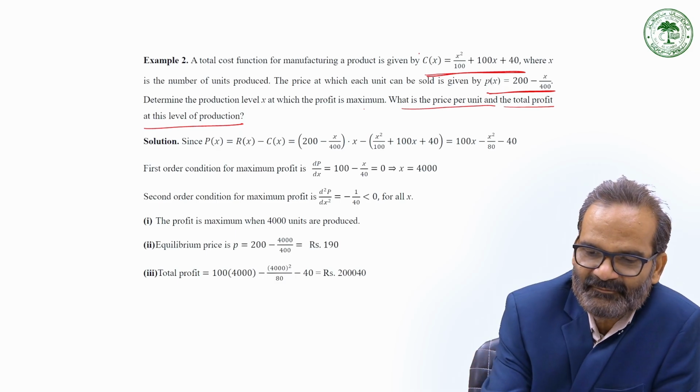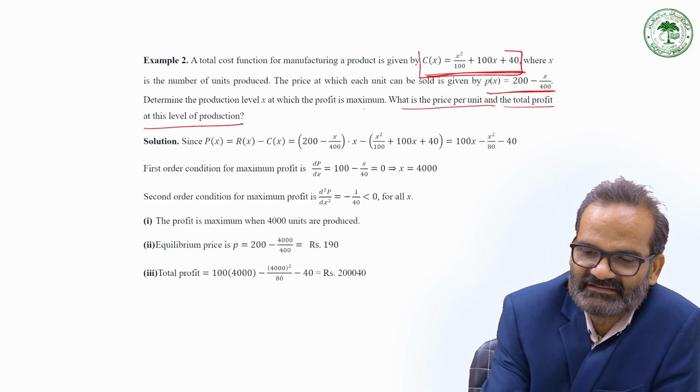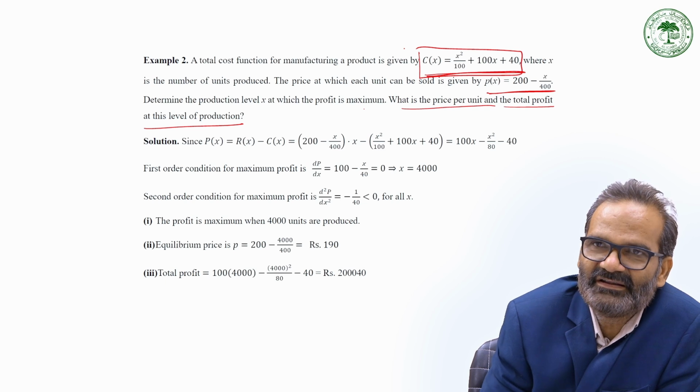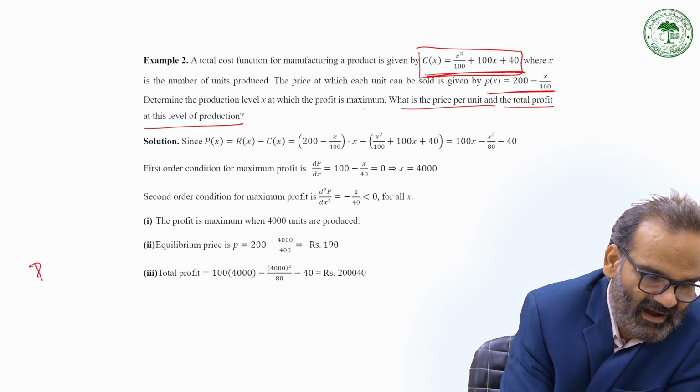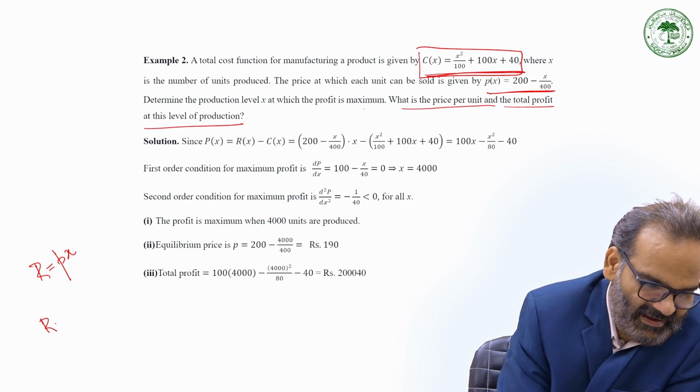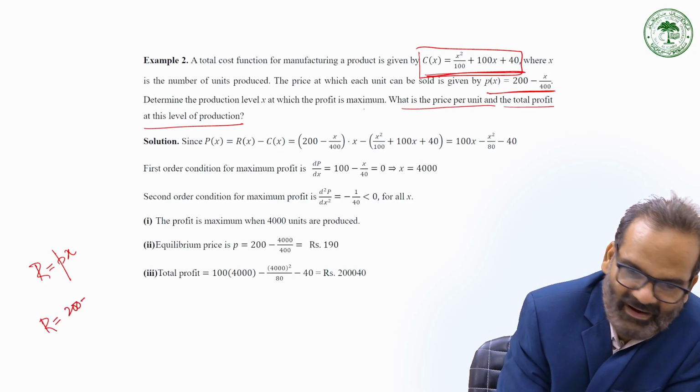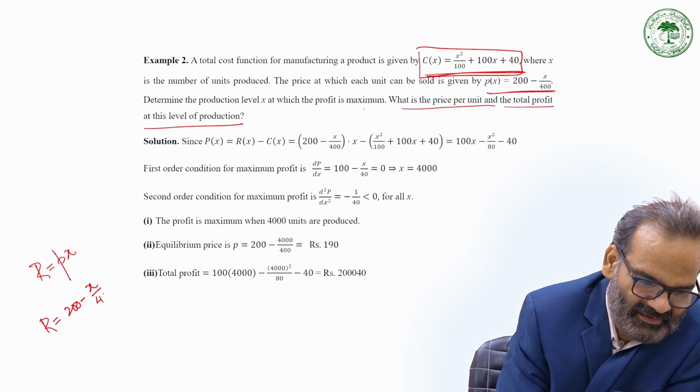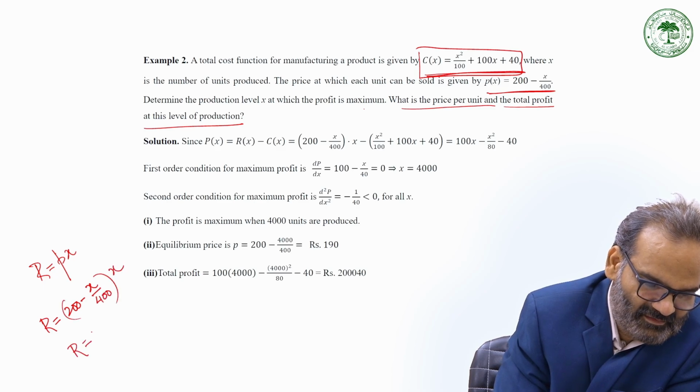So see here, the total cost function is given, right? What we need to calculate further is R. R, that is revenue, is P into X, right? The demand function is given as (200 minus x upon 400) multiplied by x. So the revenue will be what? 200x minus x square upon 400, right?